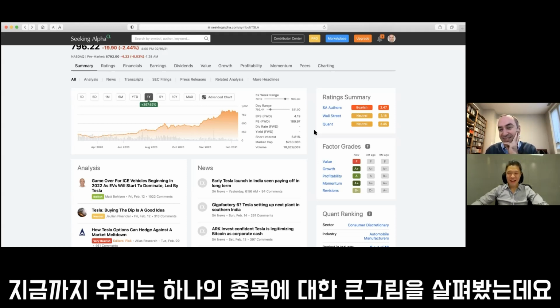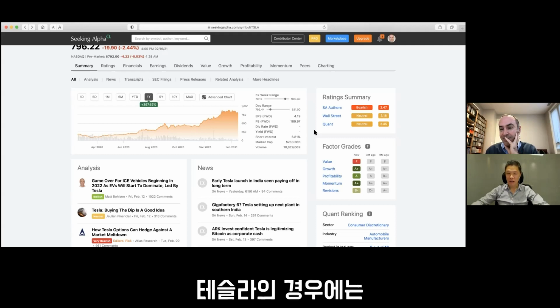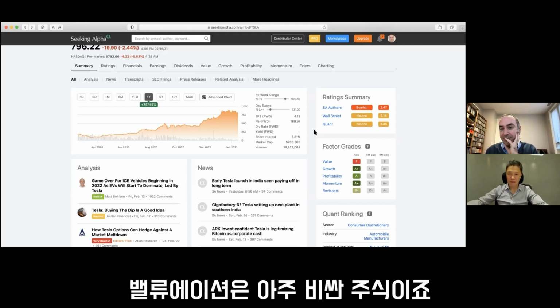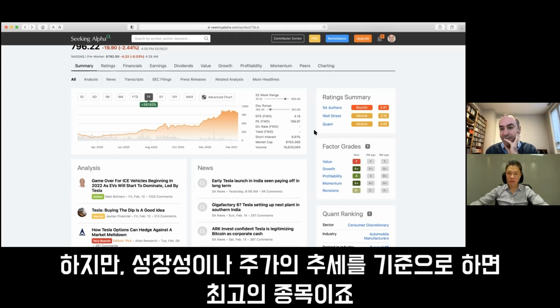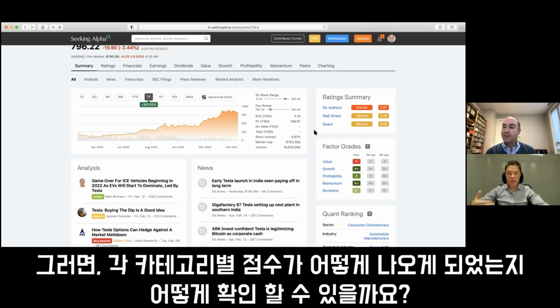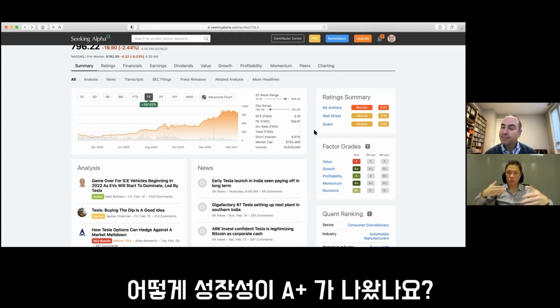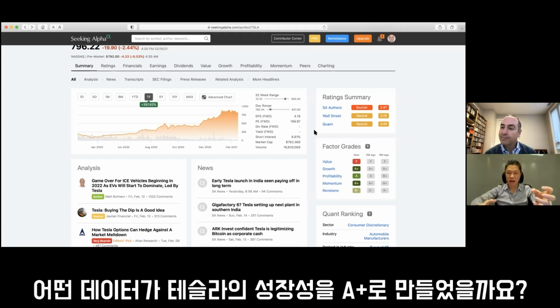Absolutely. So now we can see the overview of each stock. When it comes to Tesla, the value is very expensive, but we can see that when it comes to growth and momentum, it is top. So how can we find out more about each category of the grade? How can we see that the growth is A+? What makes Tesla's growth rating an A+?